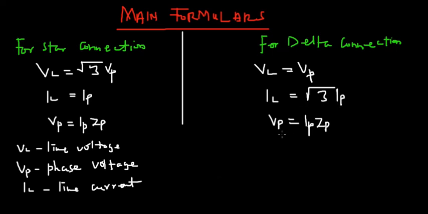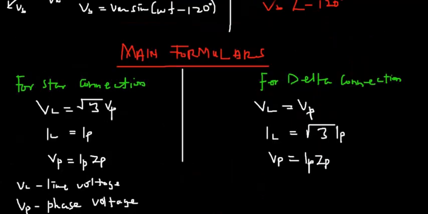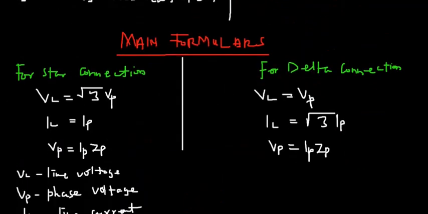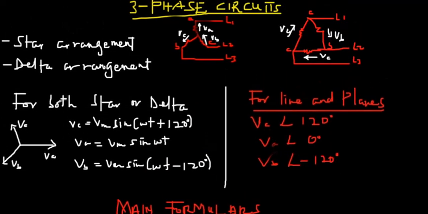And then we have Vp equals IpZp. So these are the main formulas you need to know, concepts and formulas. Now let's dive into solving some questions and then we call it a day.